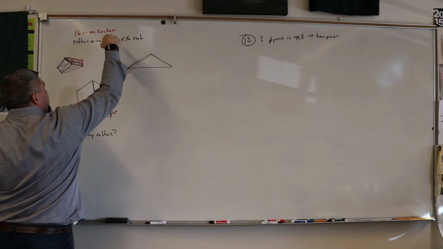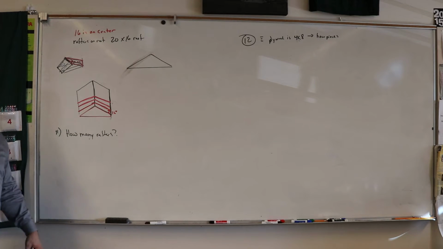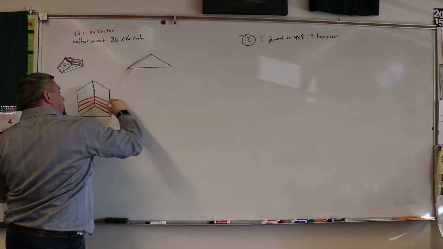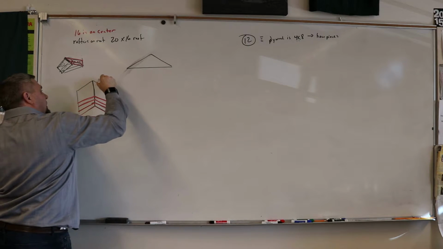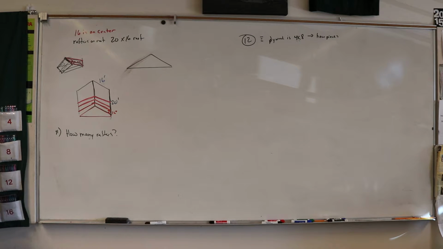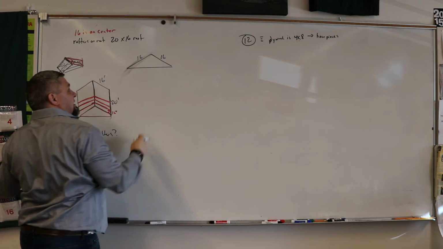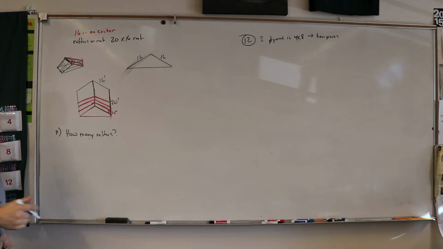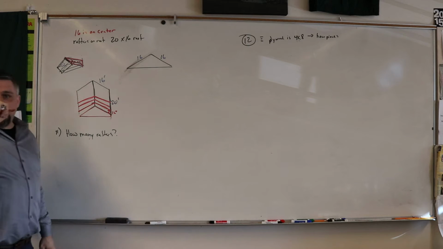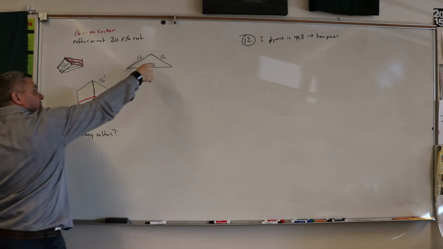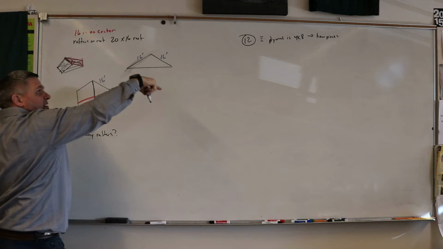Now, it says that the roof is 20 feet by 16 feet. Which means the rafter, we know, has to be 16 and 16, right? We don't know what this is going to be yet. But we know those rafters have to be 16 feet by 16 feet.